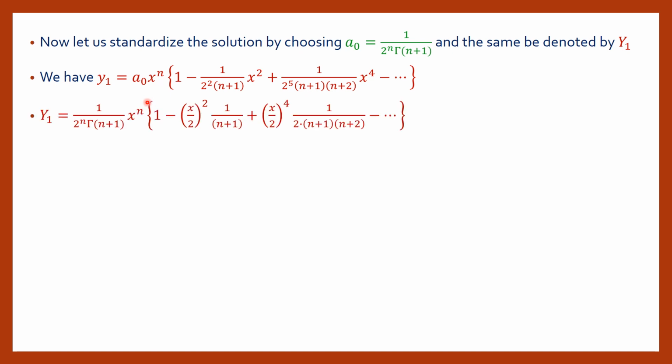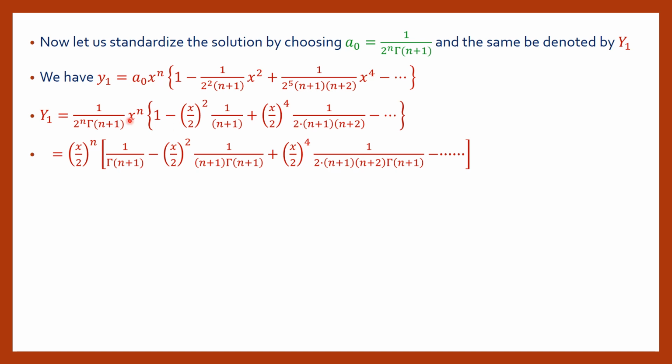So replaced, same, and inside the bracket we write 1 minus x square by 2 square, let me write x by 2 whole square, and x power 4 by 2 power 5, we just take x by 2 whole power 4, and one 2 is remaining because total 2 power 5 is in the denominator, so 2 power 4 goes to x by 2 power 4, and that remaining 2 let me write here as multiplied 2. Now x by 2 whole power n keeping outside the bracket, and 1 by gamma n plus 1 multiplied inside the bracket.